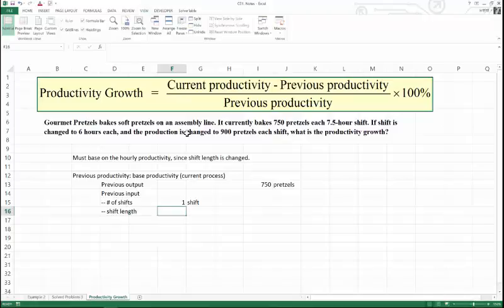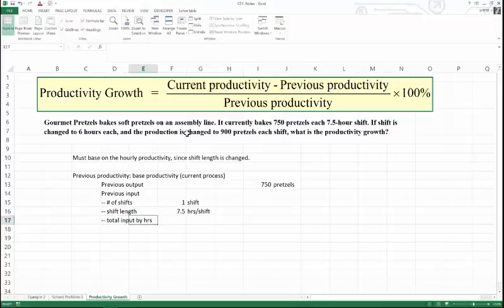It is 7.5 hours per shift. With those two pieces of information, we can easily calculate the total input by hours.